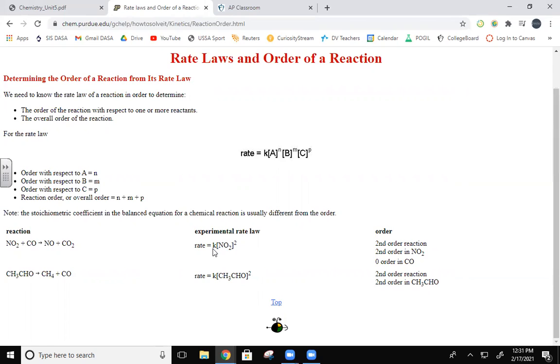So this is a direct relationship to the concentration of NO2 to the second power. Make sense? If it was an inverse, it'd be like K over. So what is K? K is a representation of a relationship between NO2 to the second and what?